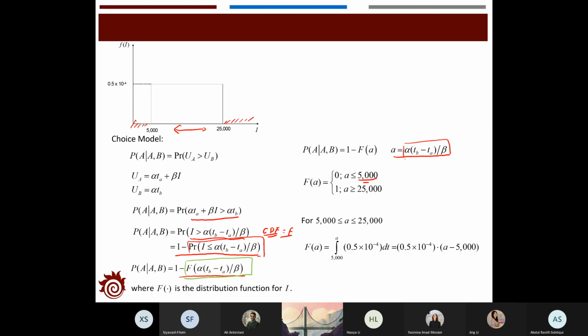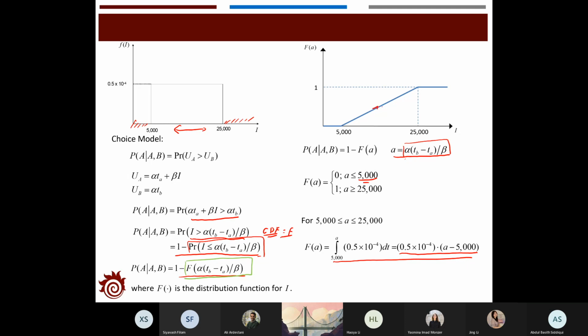That gives you the probability between 5,000 and 25,000 with this equation. Solving this integration problem, you can simply get the result: FA is 0.5 times 10 to the power minus 4 times A minus 5,000.